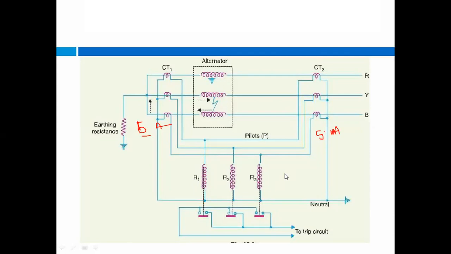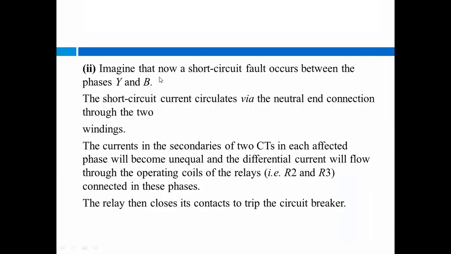Next is the phase-to-phase fault. Here we are considering that a short circuit has occurred between two phases, Y and B. The short circuit current circulates via the neutral end connection through the two windings.